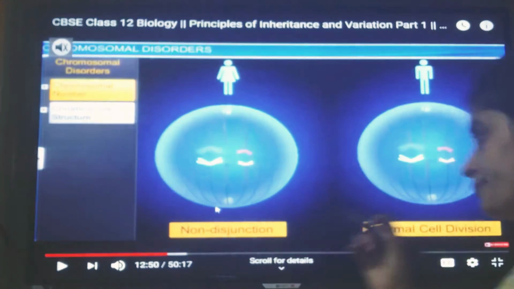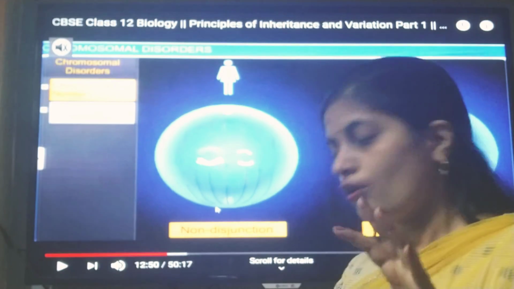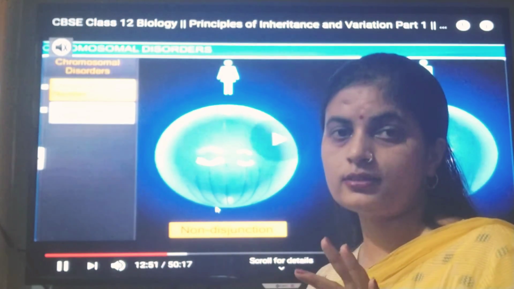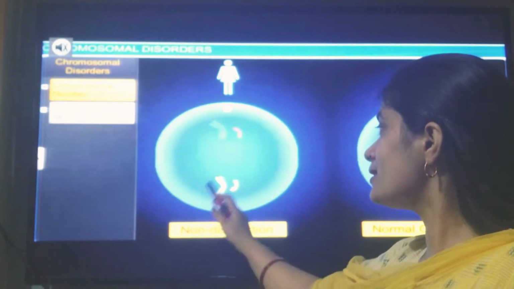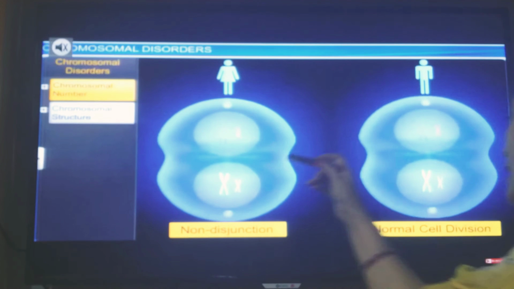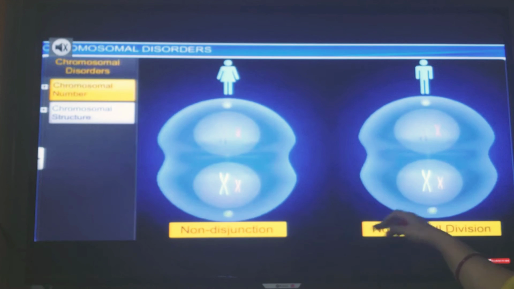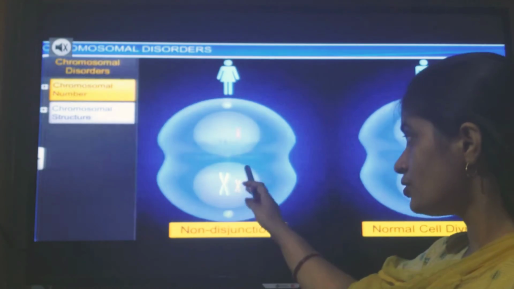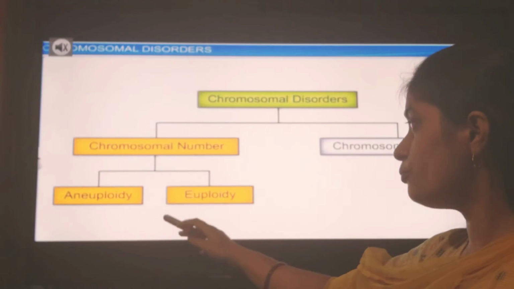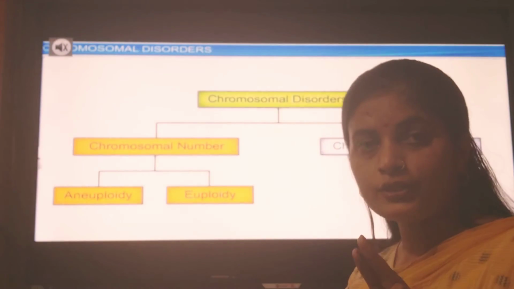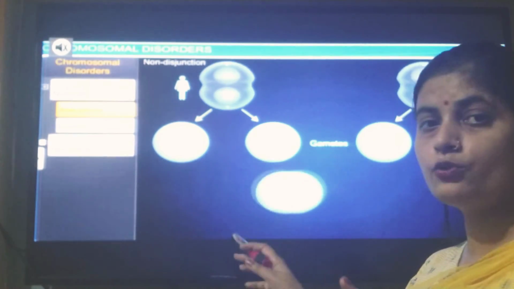In normal cell division, equal distribution of chromosomes occurs, but in non-disjunction, normal distribution has not occurred. So it could be aneuploidy or euploidy, the two kinds of fluctuations seen in chromosome number.